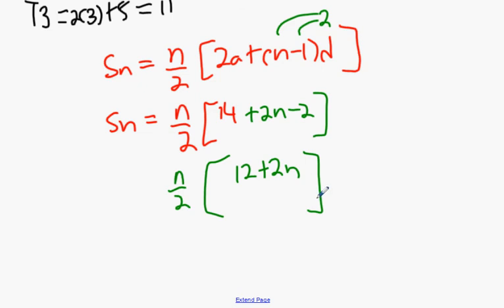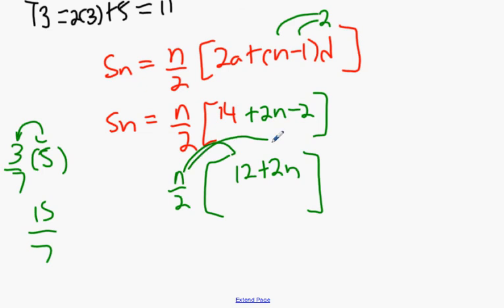Does anybody know how to multiply that? If I gave you a fraction multiplied by a number, what would you do to multiply this out? 3 times 5, 15, 7 on the bottom. So multiply top by top and just put the bottom underneath. So we get 12n plus 2n squared, all divided by 2.